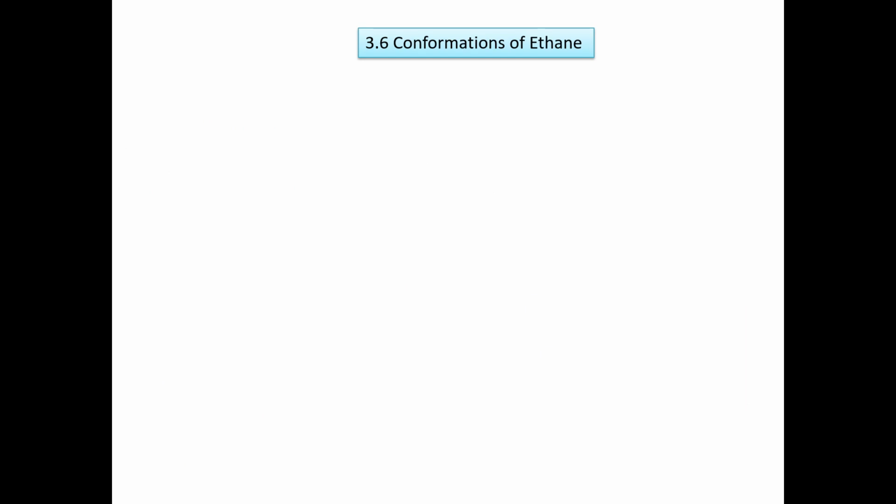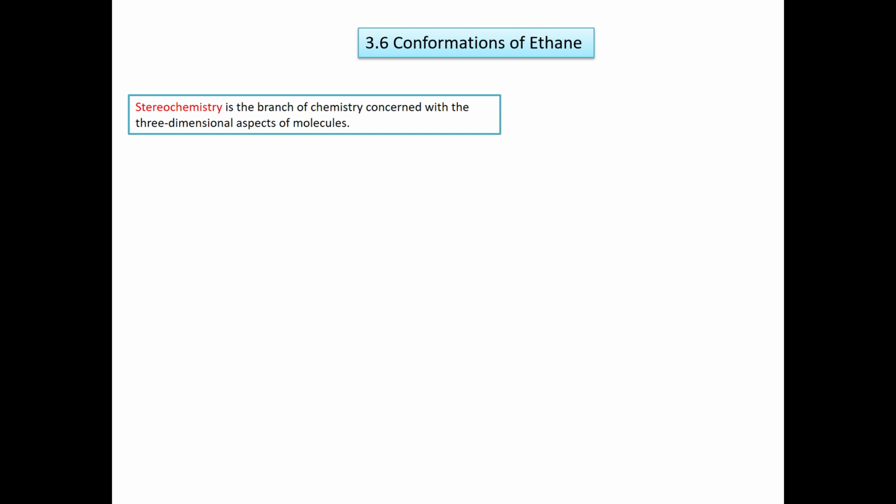Okay, then we go to the conformations of ethane. Stereochemistry is the branch of chemistry concerned with the three-dimensional aspects of molecules. Rotation is possible around carbon-carbon single bonds in open chain molecules. That means a carbon-carbon bond has free rotation.